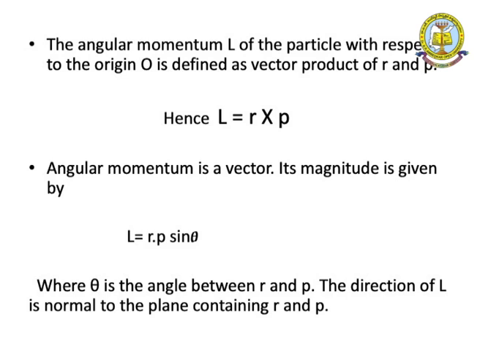Its magnitude is L equal to r cross p equal to r p sin theta, where theta is the angle between the position vector and the momentum. The direction of L is normal to the plane containing the position vector and the momentum.